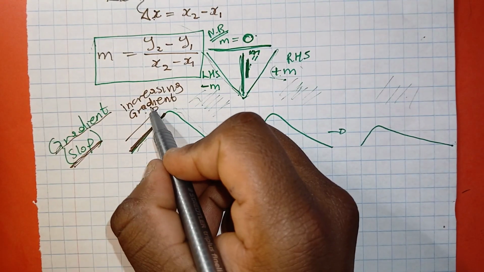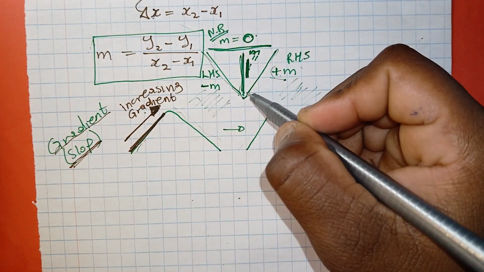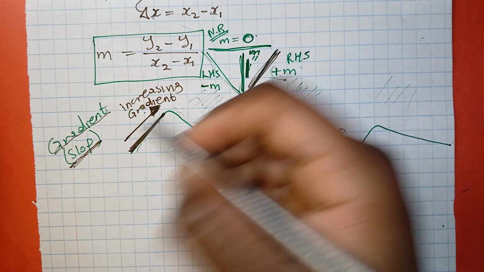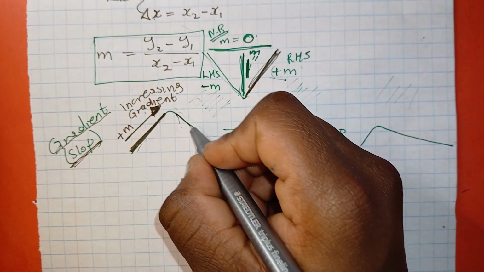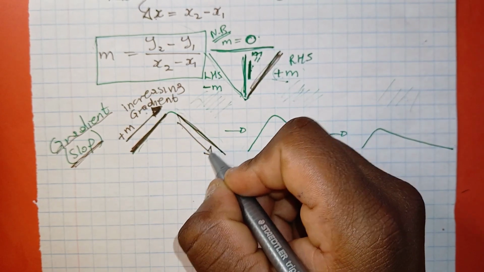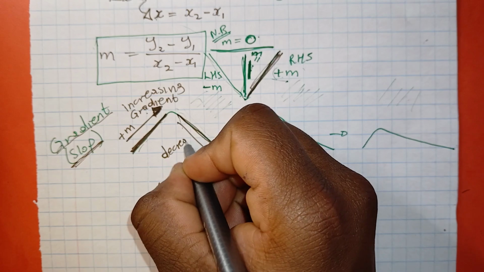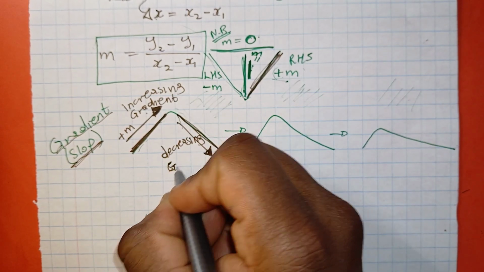It's when the gradient here is positive. And this one, what do we call it? A decreasing slope. So let me write it down. This is the decreasing gradient.